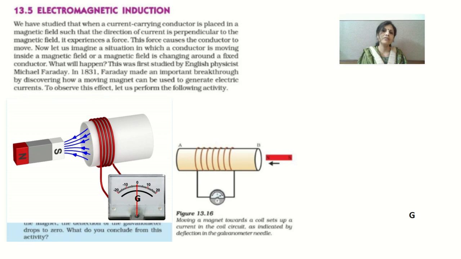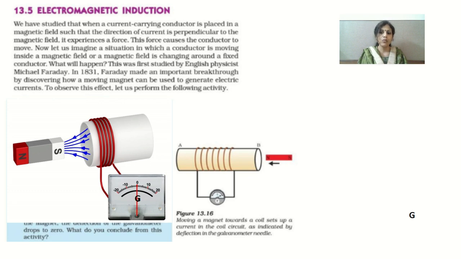Galvanometer is a device which is used to sense the current in the circuit. So here we are observing whether current is flowing through this conducting wire or not. When the magnet is stationary, there is no current flowing through the conductor.